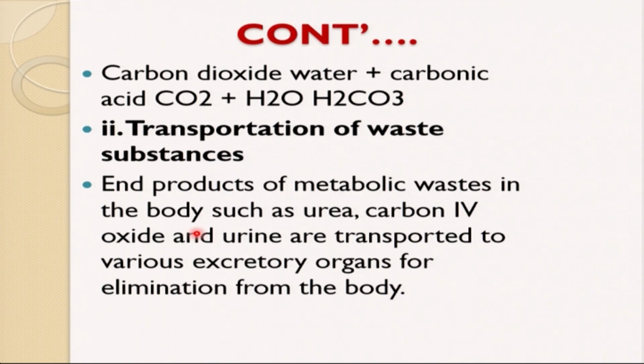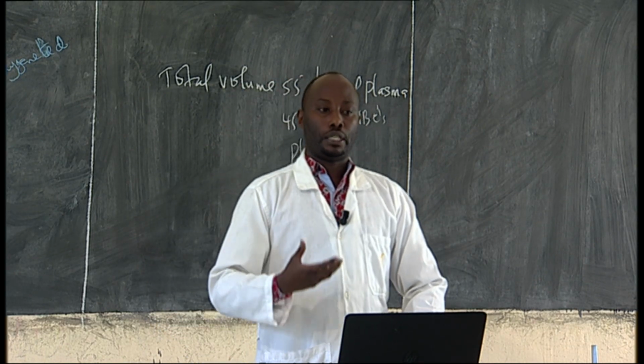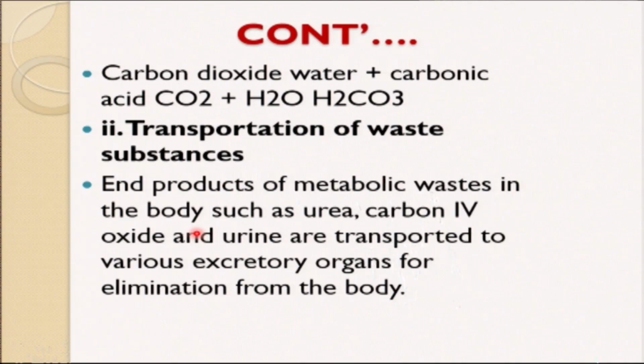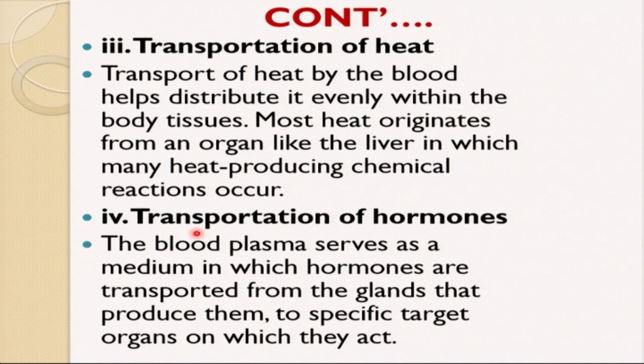Next, transportation of waste substances. The end products of metabolic wastes in the body, such as urea, carbon dioxide and even urine, are transported to various excretory organs to be eliminated from the body. So transportation of waste substances is also done by the blood plasma. We have transport of heat.